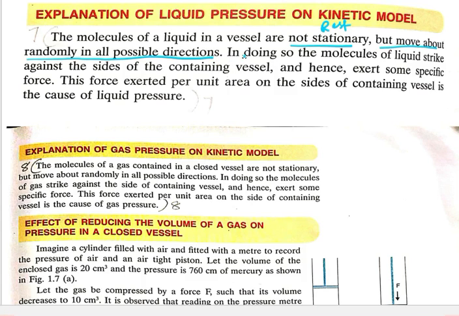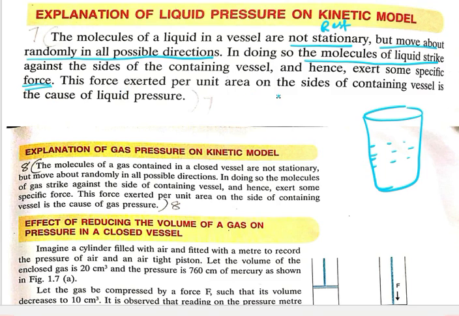When they are in motion, the molecules of a liquid strike against the sides of the container. Suppose this is a vessel where we have put the liquid, the molecules continuously strike the wall of this vessel, and so they exert some force.